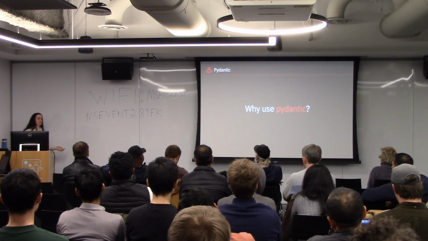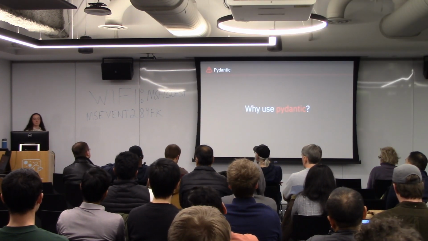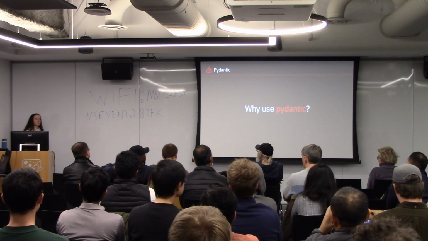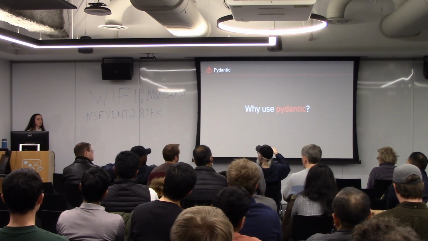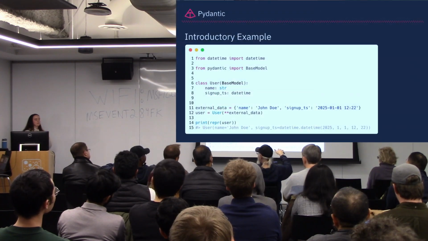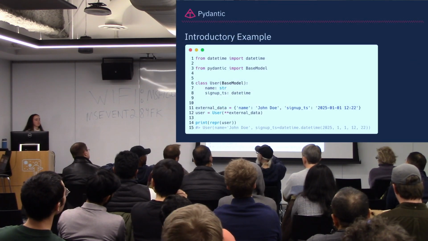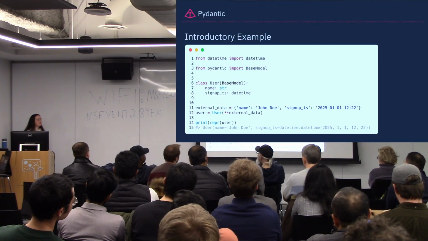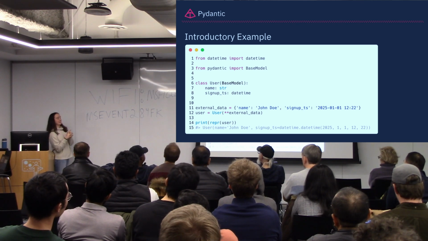Okay, why use Pydantic? Any questions about those introductory examples? Yes, when you showed the example before, the date time was a string, and yet it converted it to a date time. Why isn't it converting an integer to a string? That's a great question. You can configure that.